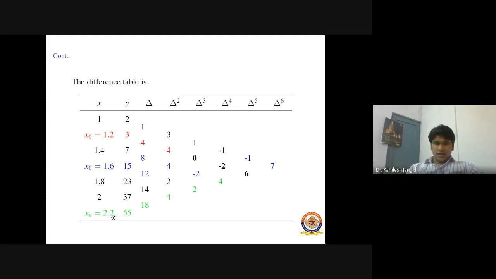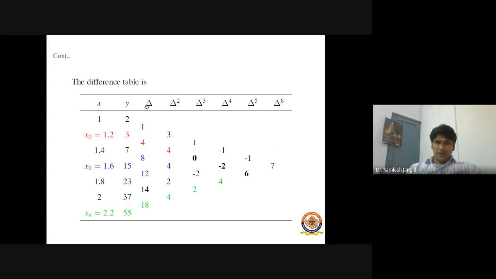So it means in case of derivative formulas, if we are interested in finding the derivative at a tabulated point, then that tabulated point is considered x0 if it is at the starting of the table or the center of the table, and we consider xn if it is at the end of the table. So here we consider 1.2 as x0.